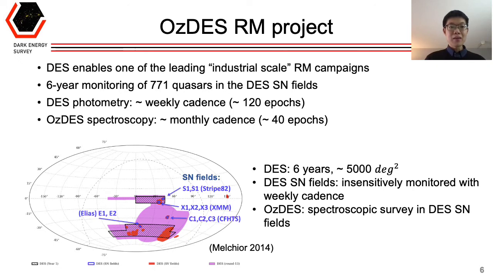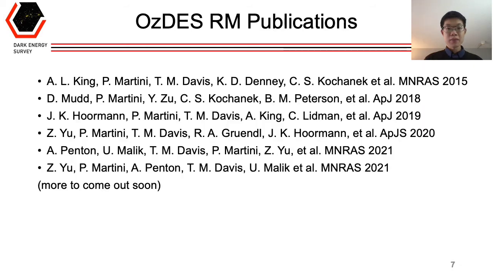DES is a 6-year photometric survey that covers about 5,000 square degrees of sky, and the OzDES survey is the spectroscopic follow-up survey in the DES supernova fields. The OzDES Reverberation Mapping Project monitors 771 quasars for the whole duration of DES. We have about weekly photometry from DES and about monthly spectroscopy from the OzDES survey.